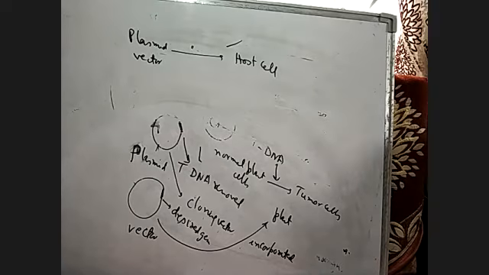So how do you make the host competent, or how do you know that the host is competent or not? There are two methods. In order to force the bacteria, you have to know that DNA is a hydrophilic molecule.